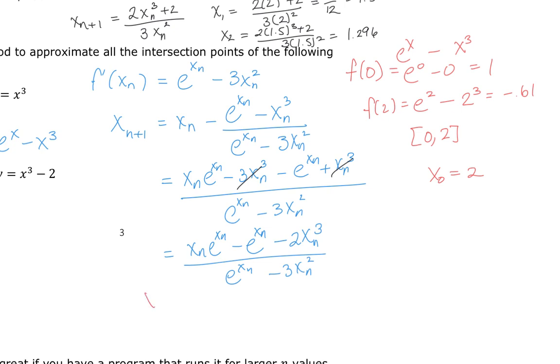So start out with x_1, which is going to be 2e squared minus e squared minus 2 times 2 to the third. And then in the denominator, we're going to have e squared minus 3 multiplied by 2 squared.